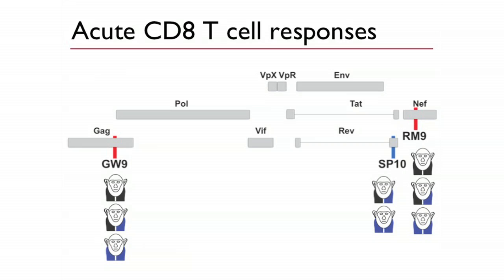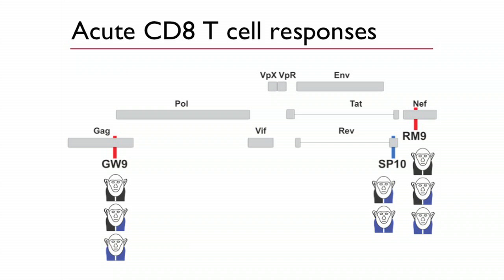There are 3 acute CD8 T cell responses I'm going to focus on for the next several slides. One that's in GAG, one that's in REV, and one that's in NEF. Again, using the same homozygous and heterozygous cohort that I've just shared with you, all the animals in that cohort would make T cell responses to an epitope in GAG that I'll call GW9 and an epitope in NEF called RM9.